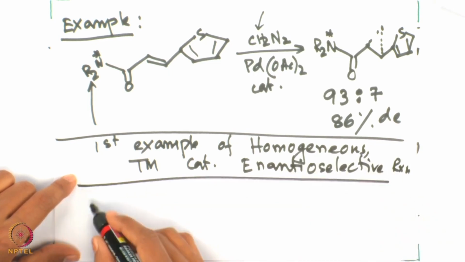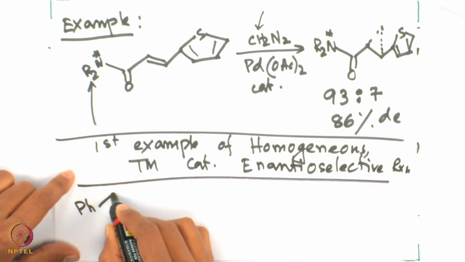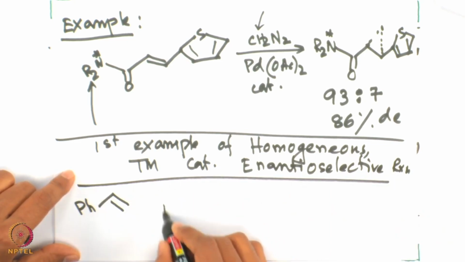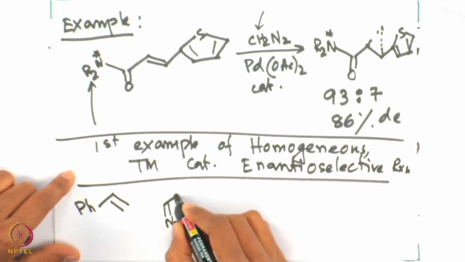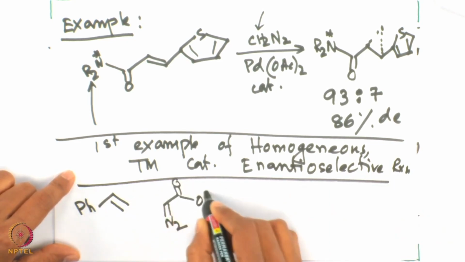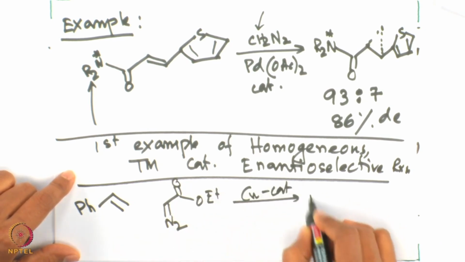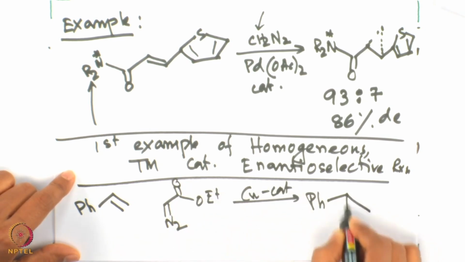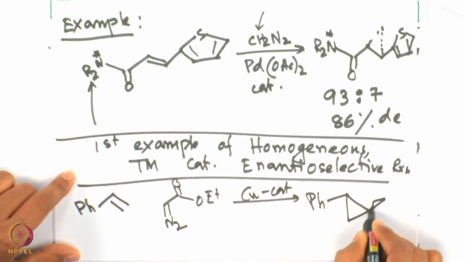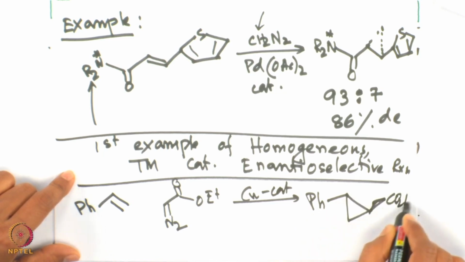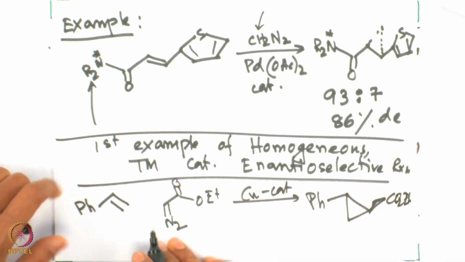Okay. The one example that comes to mind in the literature is the diazoester reaction in presence of a copper catalyst to give the cyclopropane that one would expect in this case, and that is this reaction.